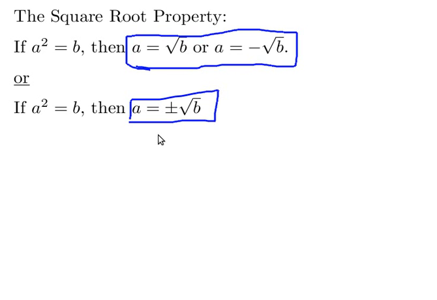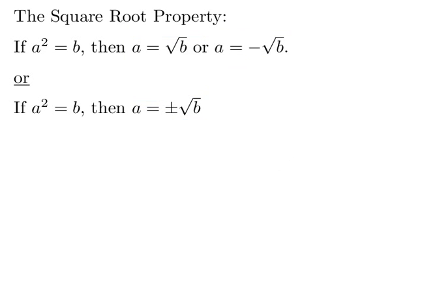Sometimes this terminology can get kind of confusing, but as long as you understand exactly what it means, that we have two different equations, then it's easy to get past any confusion. So let's go on to another example.